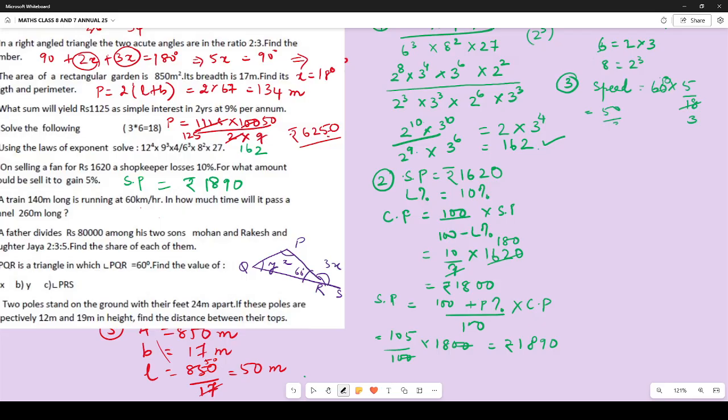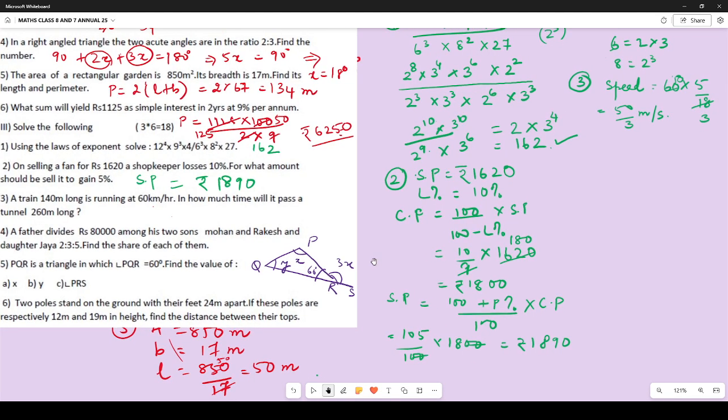But we have to find out the time, right? So to find out the time, the formula for time is what? Time is equal to distance by speed.